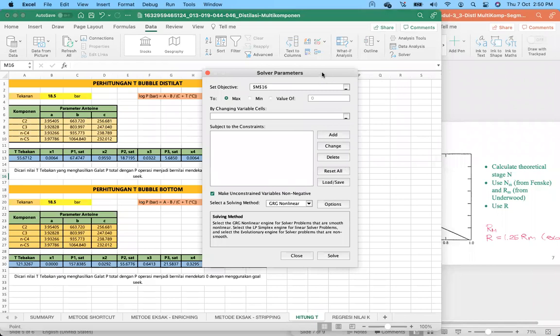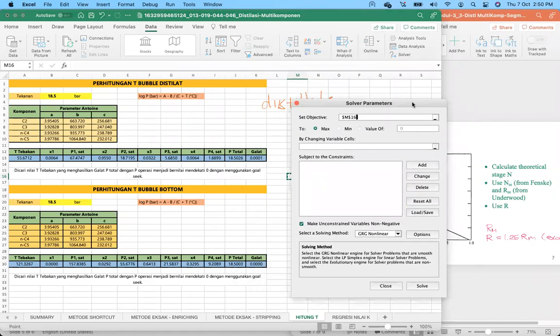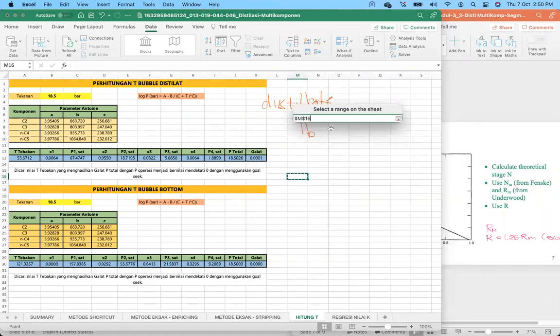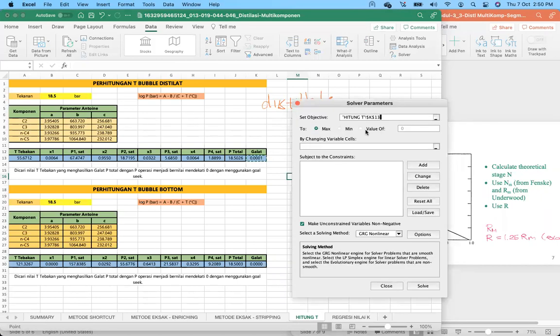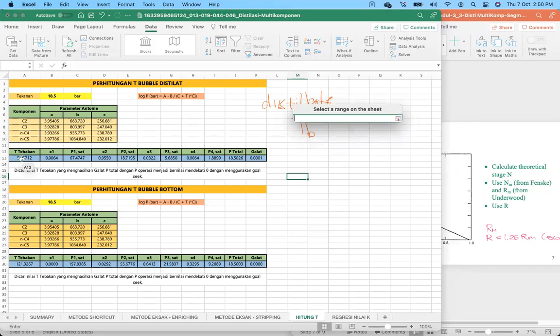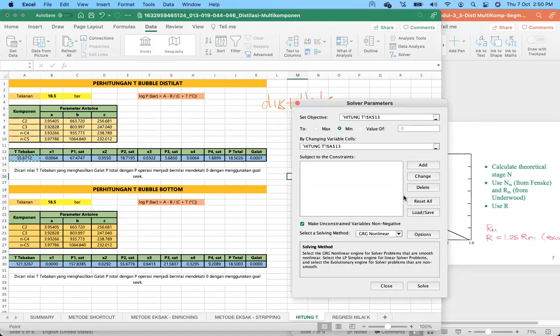For example, set the objective, we want the galat to be a minimum by changing the temperature tebakan. Okay, and then let's solve it.